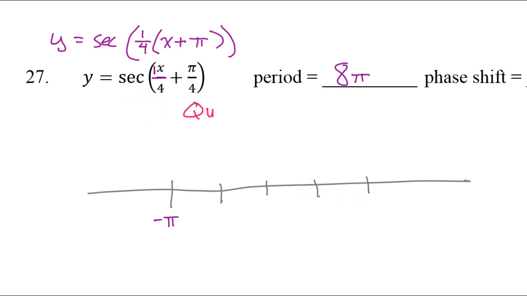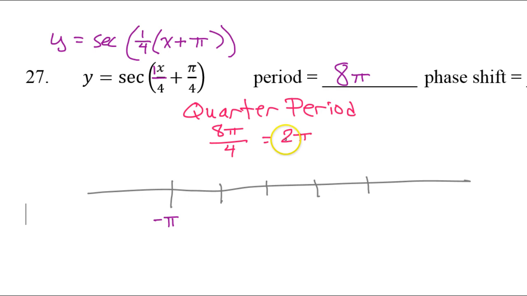So let's see. 1/4 period. Well, since the period is 8 pi, a 1/4 period will be 8 pi divided by 4. So that's just going to be 2 pi. So a 1/4 period is 2 pi.